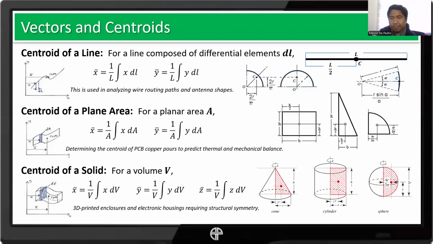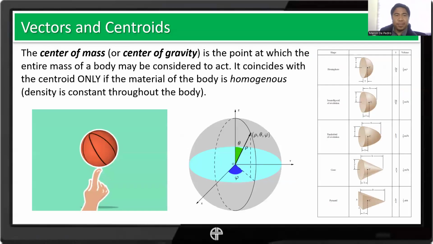In the meantime, just observe the pattern of our formula. Again, this concept considers only the geometric properties of our line, plane area, or solids. We're not concerned with what type of material is being used here, or even their respective masses. So that's an introduction about centroids.